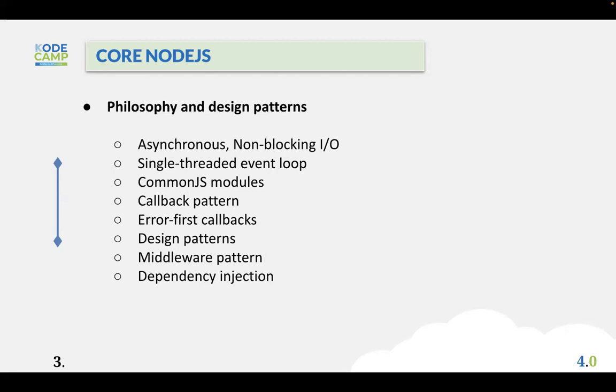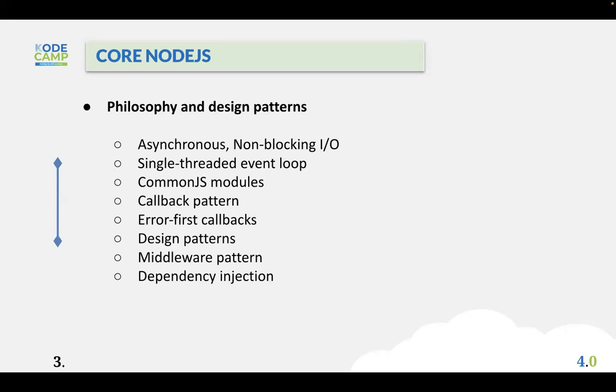the core idea is broken down in simpler steps. It initiates asynchronous operations. You start an asynchronous operation, such as reading a file or making a network request, or querying a database.